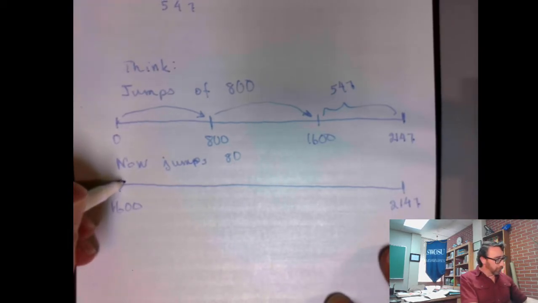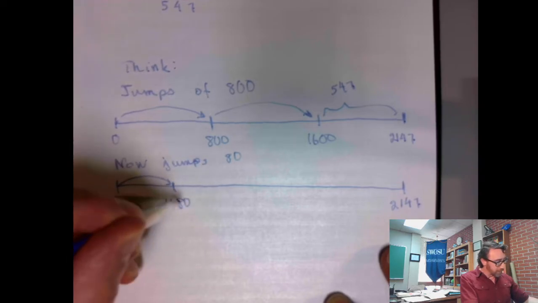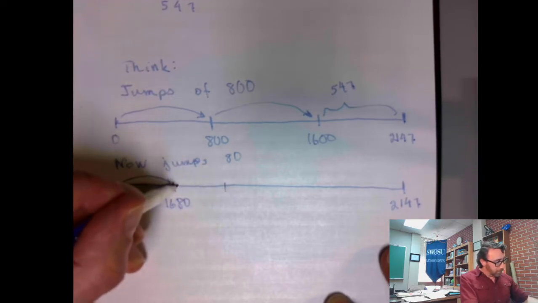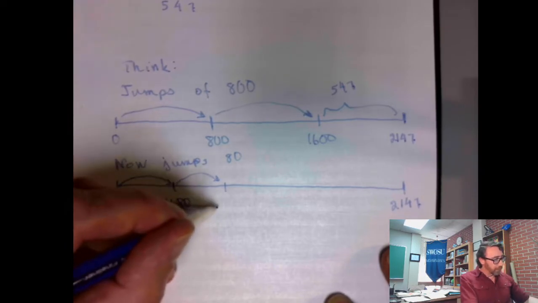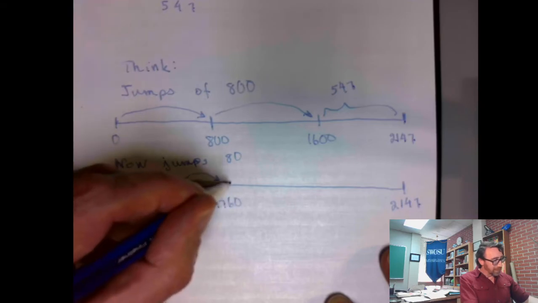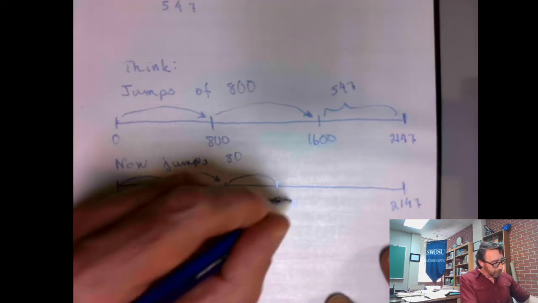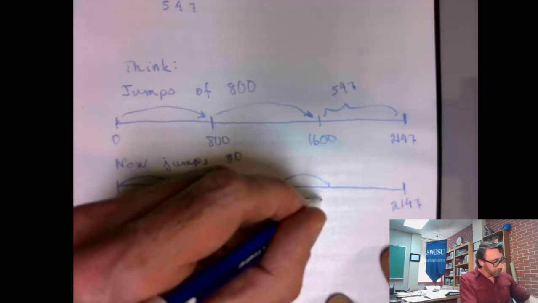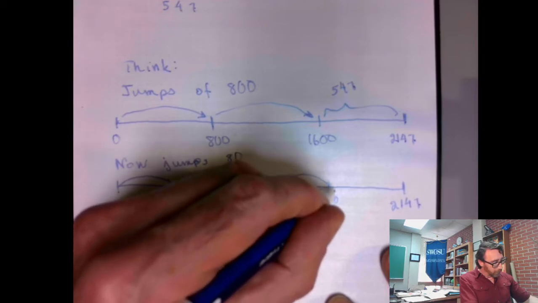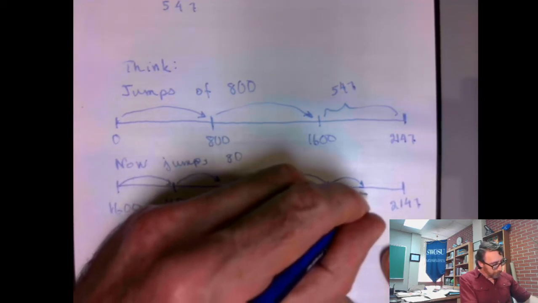Okay, so let me think here. If I do one jump of 80, I'd have 1680. Another one. Okay, another jump of 80. 1760. 1820. 1900. 1960.